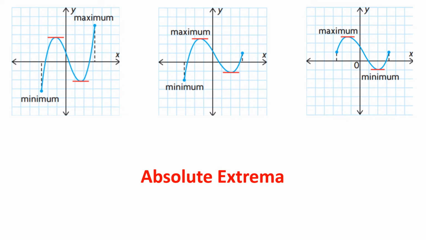Well, then how do we find these points exactly? I realized that from the graphs, my maximum point occurs at the top of the curve, such as right over here, and minimum at the bottom of the curve for this graph. If I were to take the tangent of these points, I realize my tangent is horizontal for both, right?